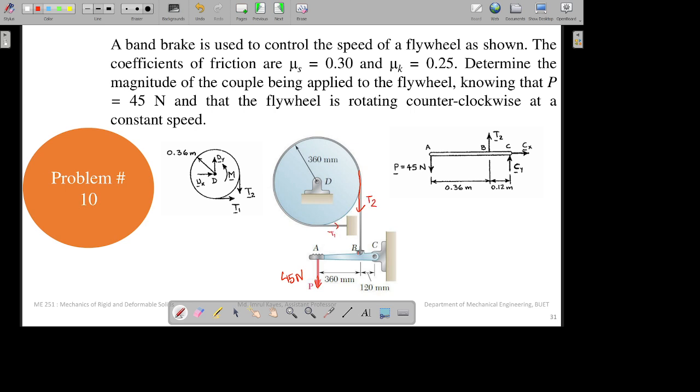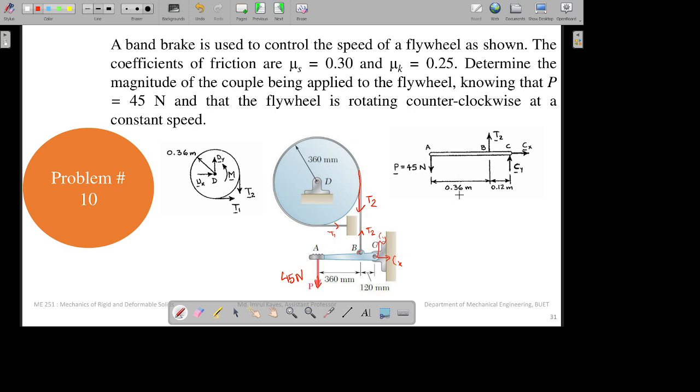The force acting on B will be T2 in the opposite direction, because that is how tension force works. So T2 will be in the upward direction for point B. At point C, you can see it's a hinge, so there will be two forces, Cx over here and Cy over here.